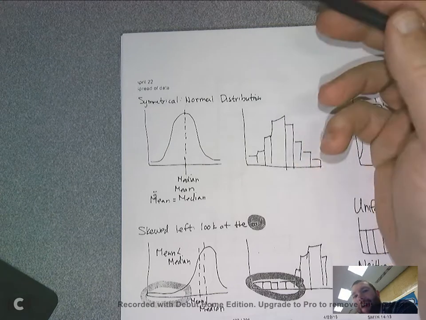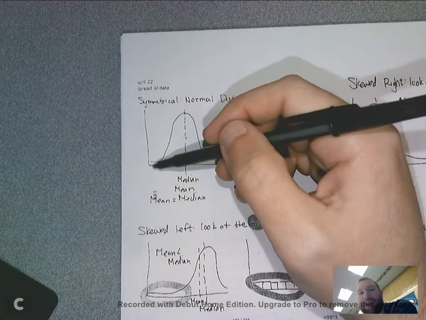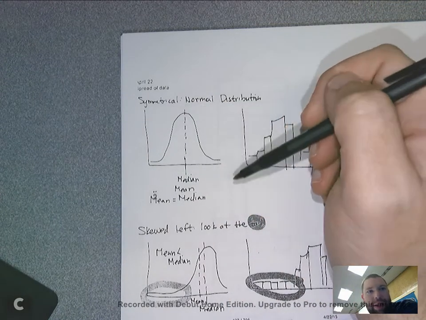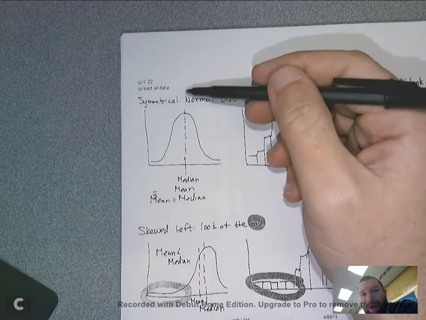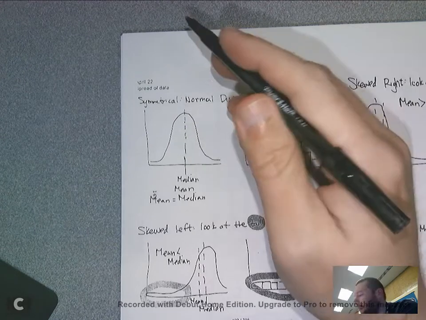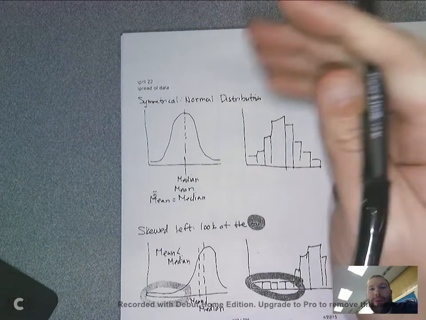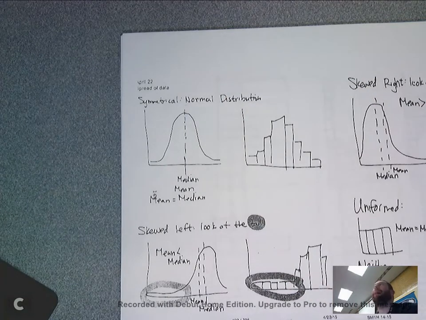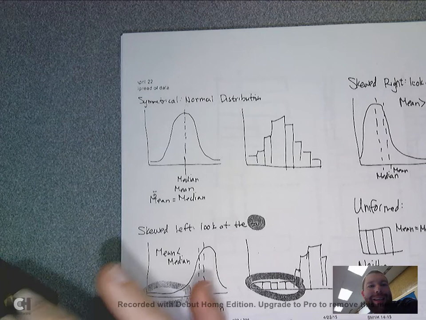So your average, say this is measuring test scores, that means your average and your middle data point are both in the same exact spot right in the middle. My students performed in such a way that the average was perfectly right in half of how they performed. So that is normal distribution.